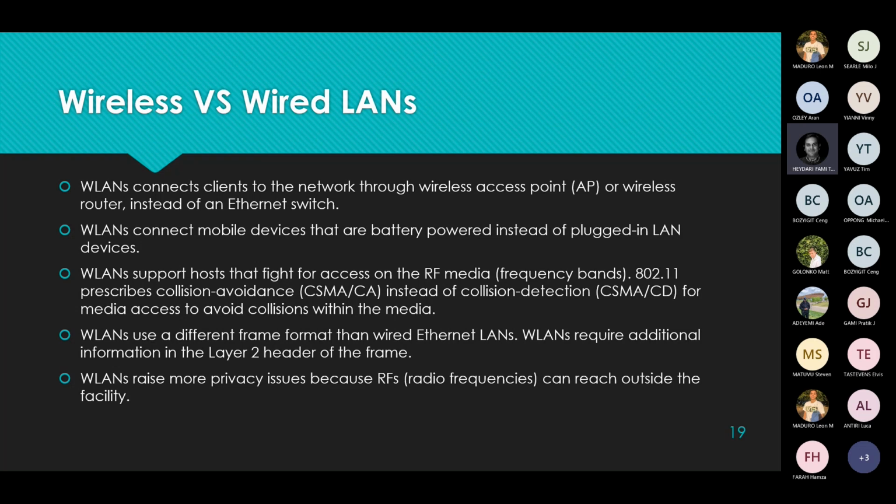Which part of Ethernet? LLC or MAC? So 802.2 was for the upper sub-layer of the data link layer, which had to do with LLC. Whereas 802.3 had to do with the MAC sub-layer, which is the lower sub-layer of the data link layer, as well as the physical layer.